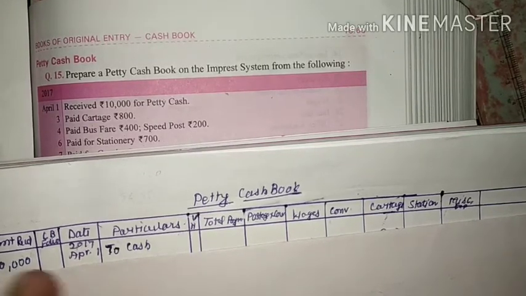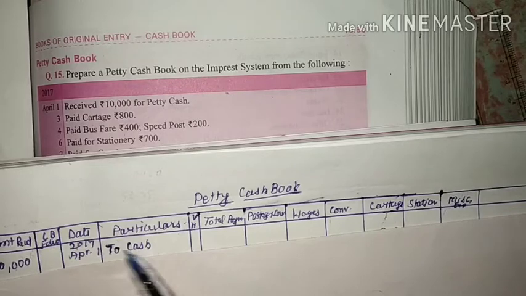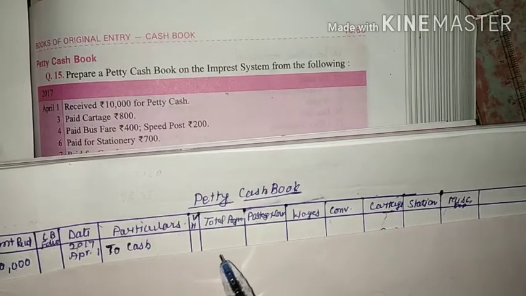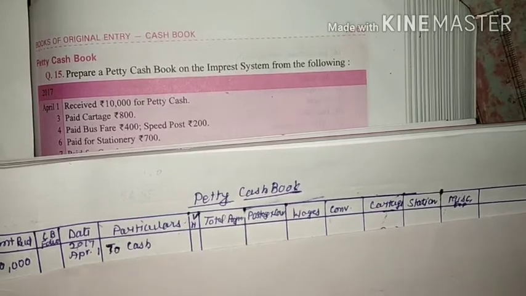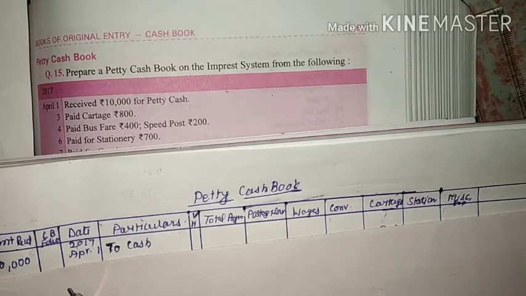Only the amounts are debit and credit. So this 10,000 is received on April 1st by the petty cashier, and it is shown as To Cash.